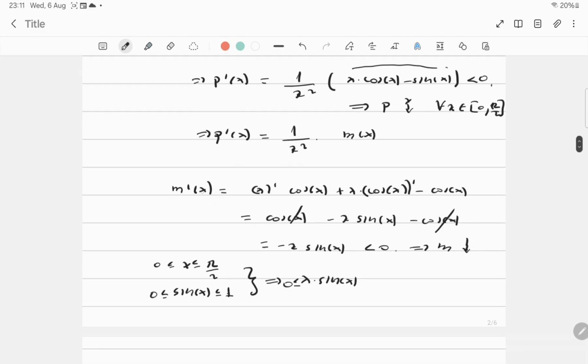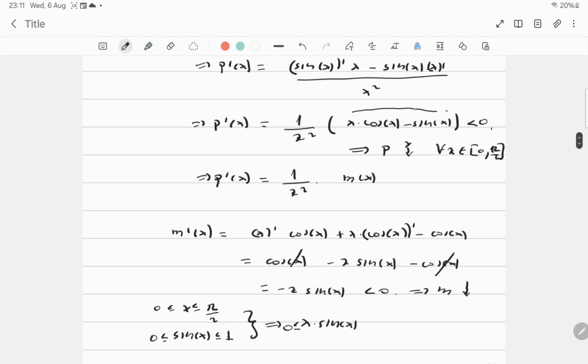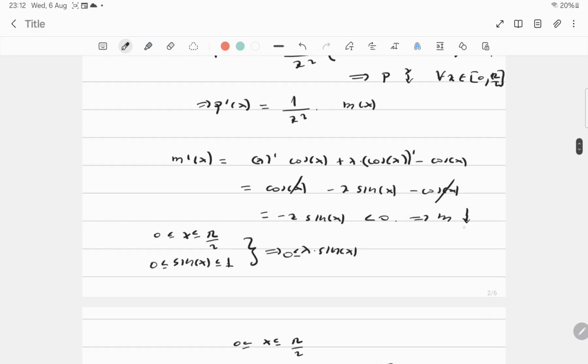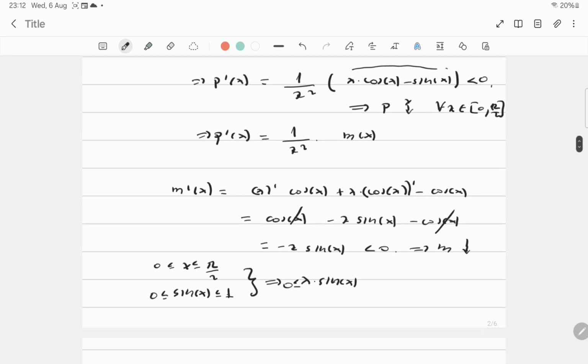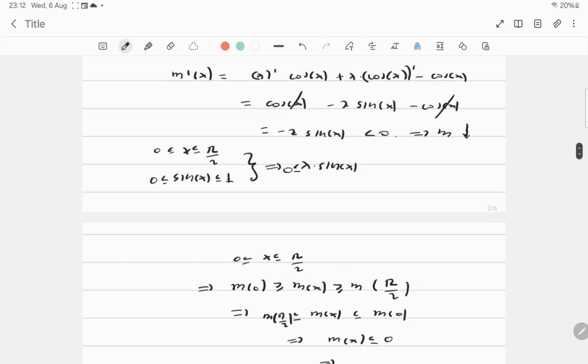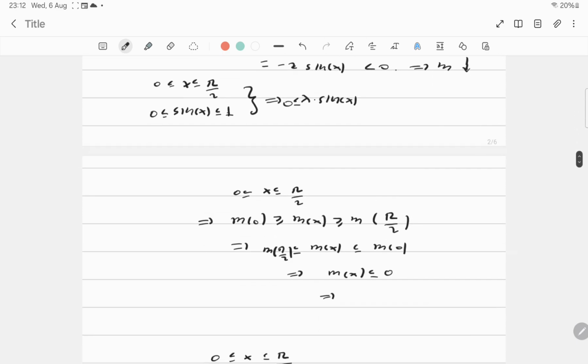So I define this function to be m. I take the derivative of this function. It's negative, so m is monotonically decreasing, and from that I find the sign of the function m.